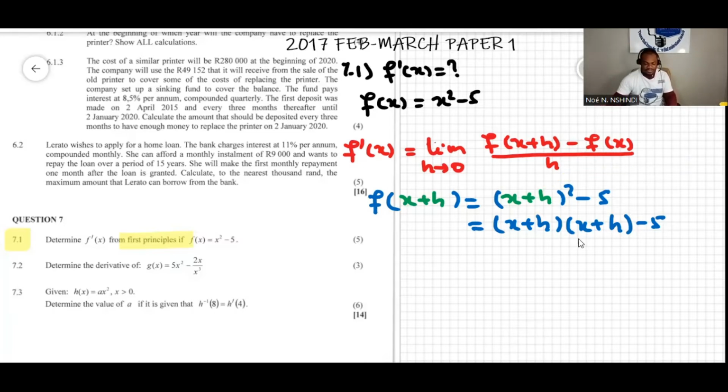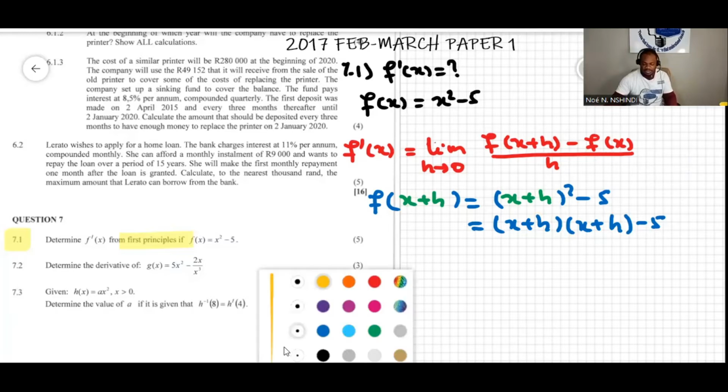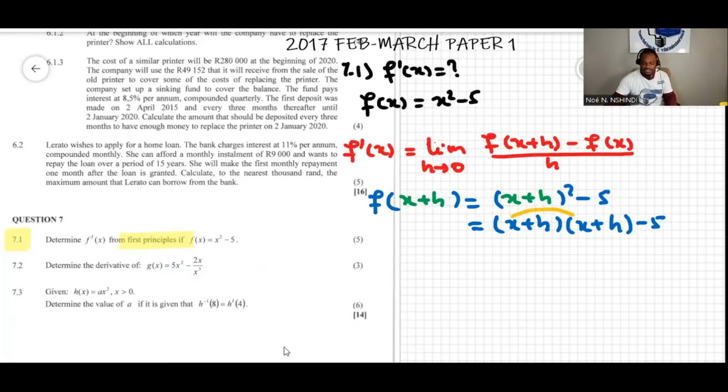So let's expand this then. This will be x times x, and then x times h, and then h times x, and then h times h. Okay, x times x is x squared, and then x times h is xh, h times x is xh, and then h times h makes h squared, minus 5. Now, are there any like terms in the equation?